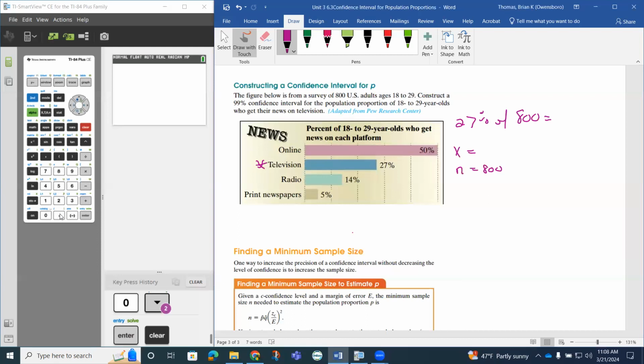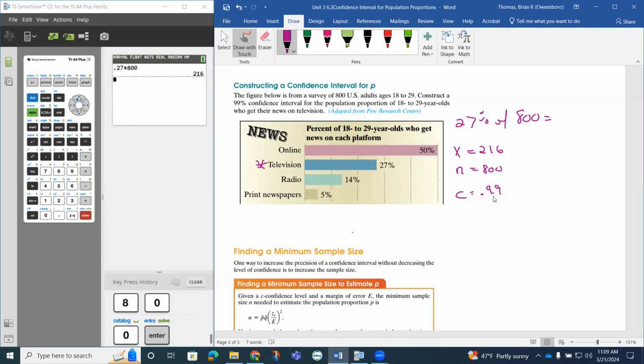So 0.27 times 800 gives us 216. So 216 adults from the ages 18 to 29 out of this 800 actually get their news from the television. And the confidence level is this 99%.